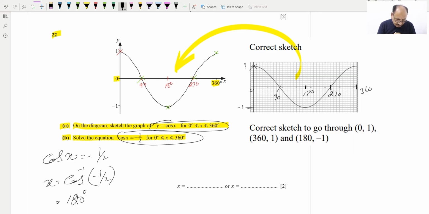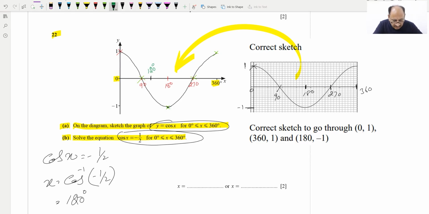We got this first angle value, and 120 degree on this graph will be where we will check. After 90, it will be 90 plus 30 will be 120. So I'm indicating here, and if I write in green color, 120 degrees will be this one.